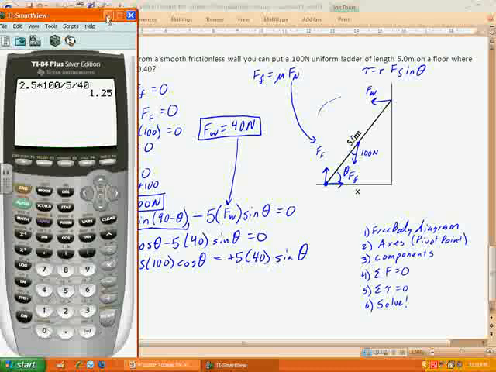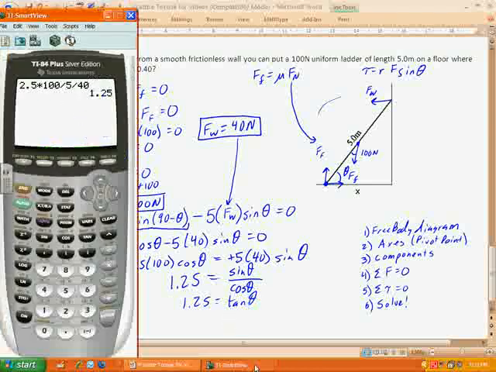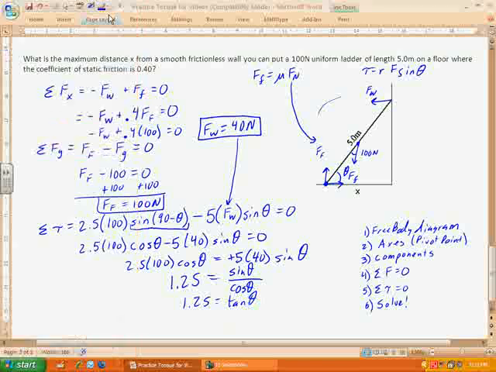So I've got 1.25, that's dividing these over, equals sine of theta over cosine of theta. So 1.25 equals tangent of theta, and so I can now solve for theta. So we'll go tangent inverse of the answer, and we get 51.3 degrees.